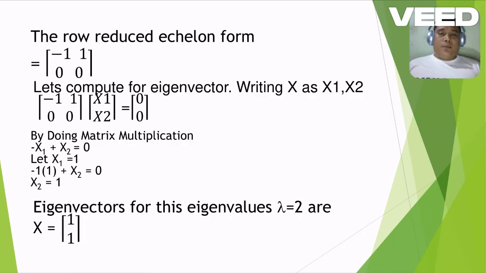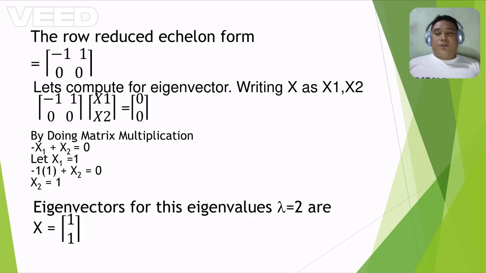Let's compute for the eigenvector, writing x as x1, x2. Negative 1 times x1, so we get negative x1. 1 times x2, we get x2, equated to 0. Let x1 equal 1.